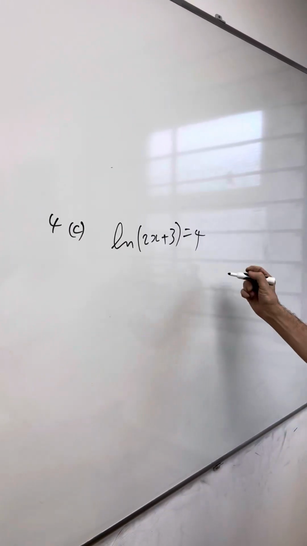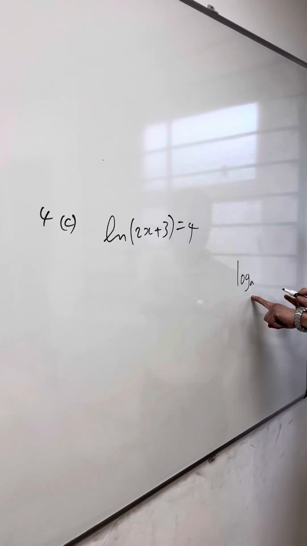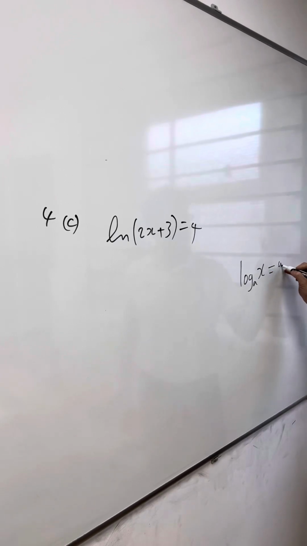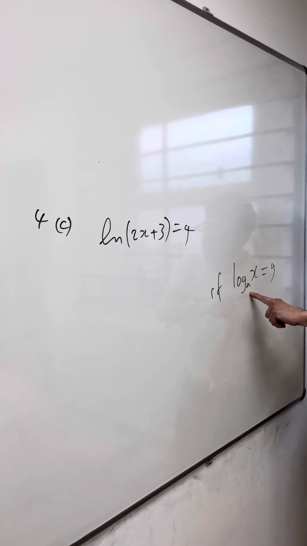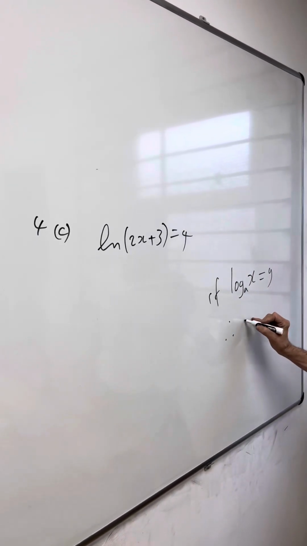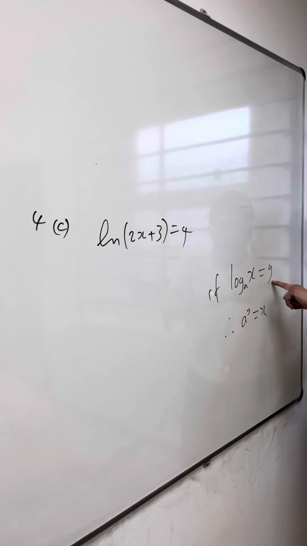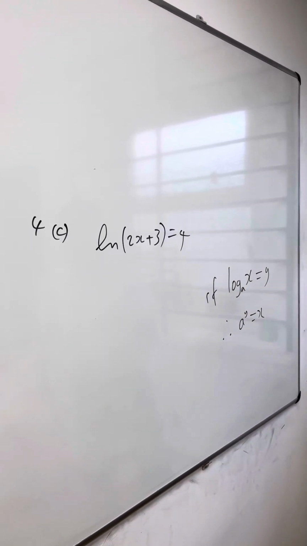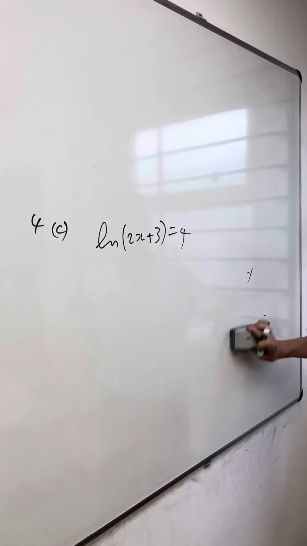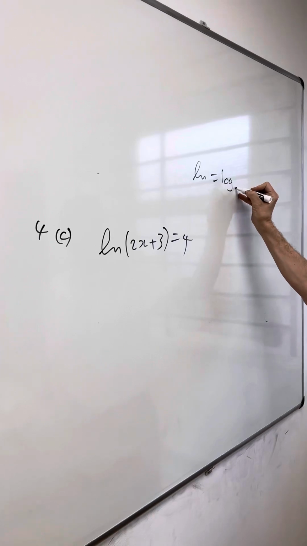Just to recall, log to the base a, any base, of x equals y. It's asking us what power do I raise a to to get x. Therefore, a to the power of y is x. So we raise a to the answer, which is y, and then you get x. That's what we're going to do here. Here ln is short for log to the base e, which is natural logs.